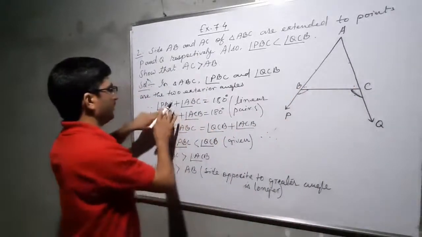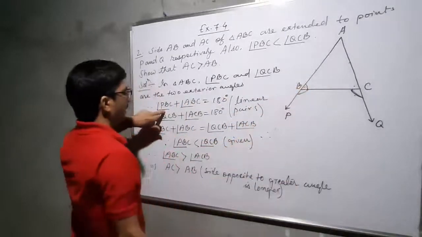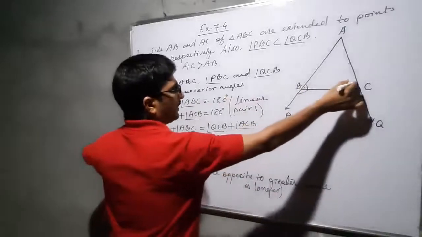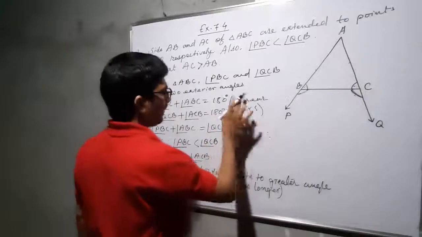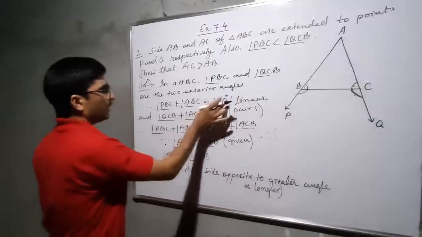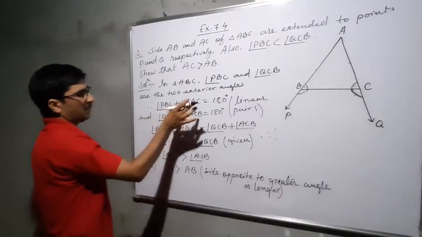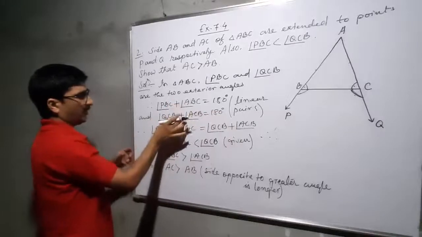We have written PBC plus ABC equal to 180 degrees. Similarly, QCB plus ACB is 180 degrees, they are linear pairs. Since both are 180 degrees, this sum is equal to this sum, that is, PBC plus ABC equals QCB plus ACB.